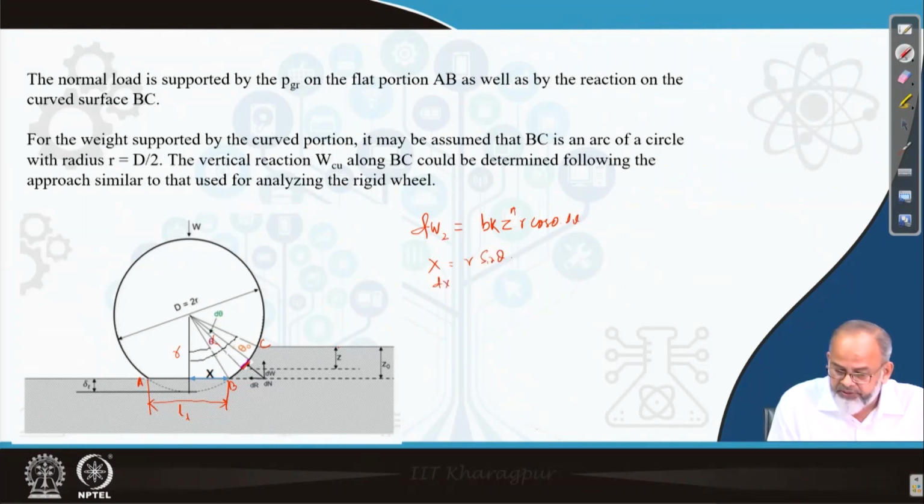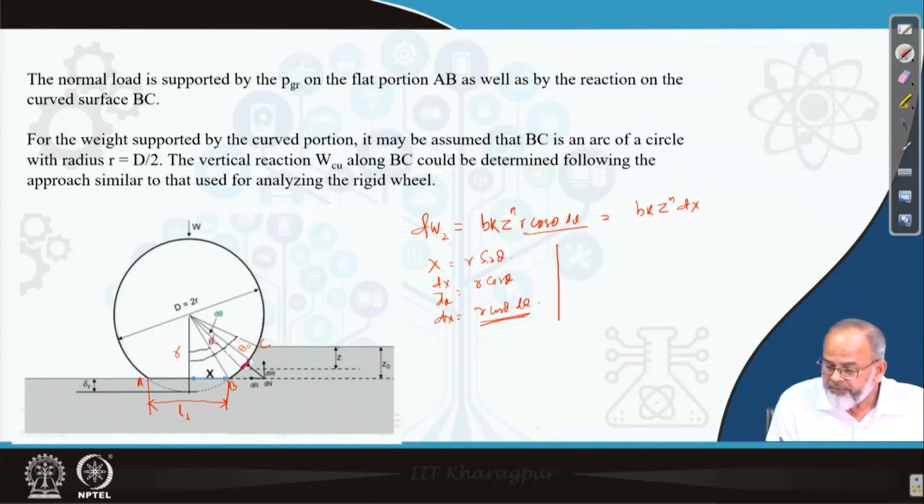Now dx by d theta will be equal to r cos theta. So dx will be r cos theta d theta. Now I substitute for this in here, so it becomes bkz to the power n dx.